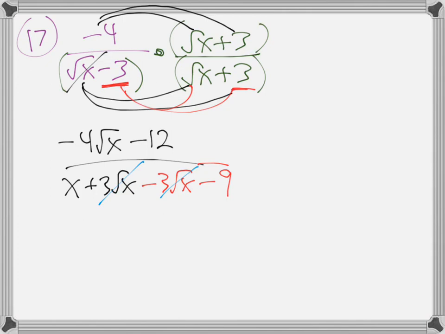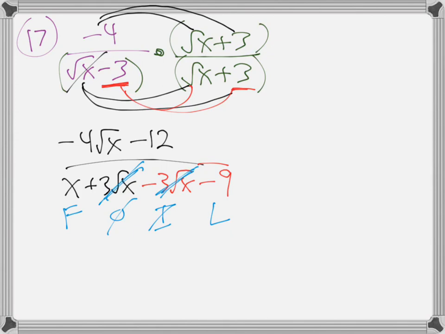If you want to save time, but I know you guys got nothing but time, right? This is always going to happen, and you could just skip the O and the I in the middle. You know what FOIL is? I don't usually talk much about FOIL. First, outer, inner, last. I don't know if you've seen that before. Basically, whenever you're doing the conjugate thing, the middle two always cancel. That's the very design of the conjugate.